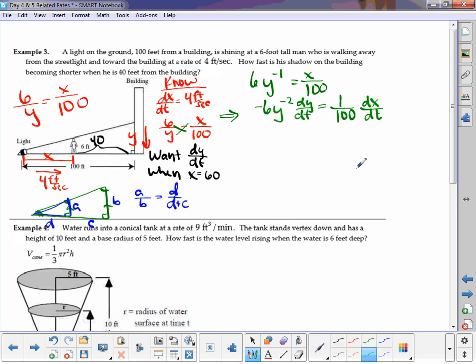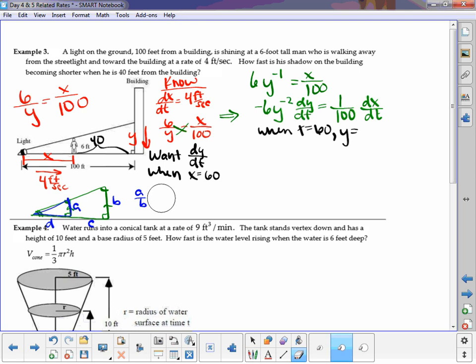Okay, so let's fill in what we do know. Do we have our y value? No. We only had when x was 60. So we know we're looking at when x is 60. But when x is 60, what is y going to be? How can we figure that out? We've got the formula over here. So let's just do that off to the side.